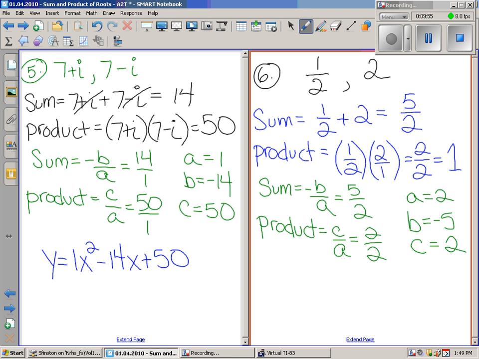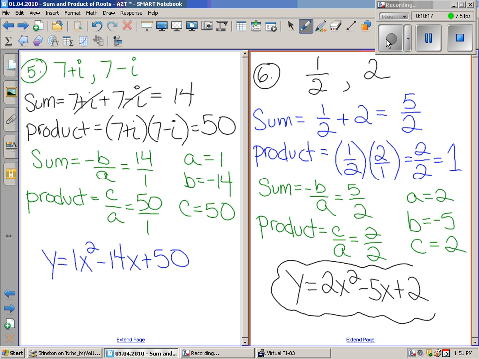C is worth 2. The total product is worth 1, but c turns out to be worth 2. Now let's write out the equation, and we're done. And that's our final answer.